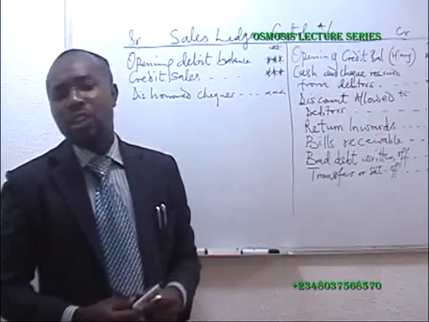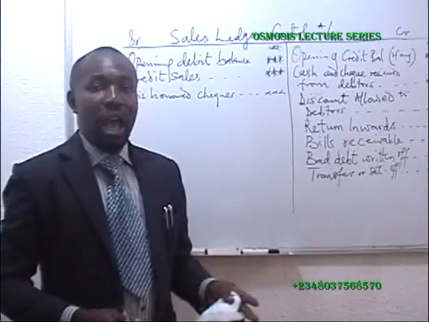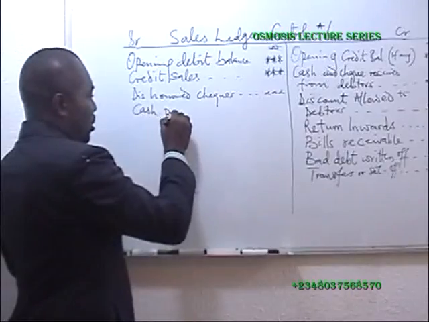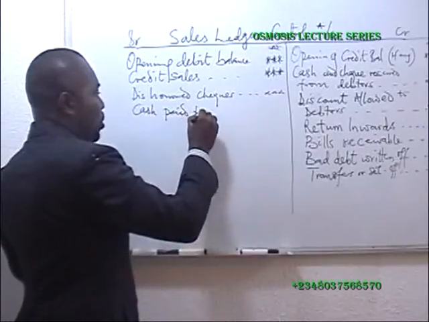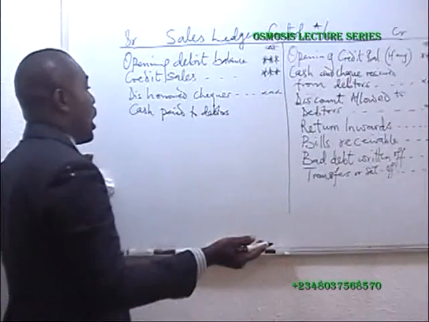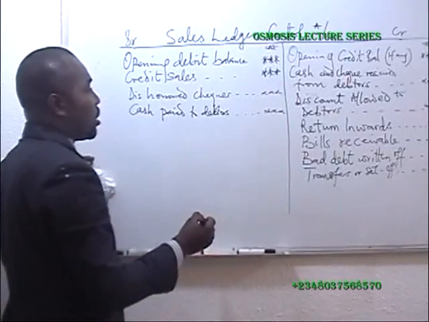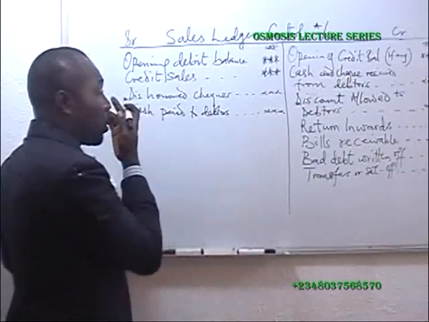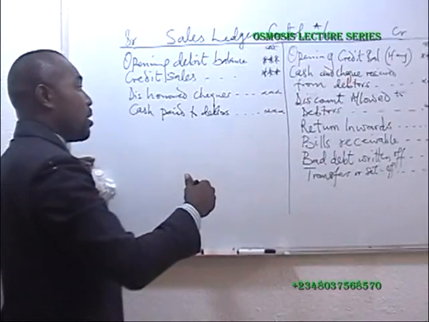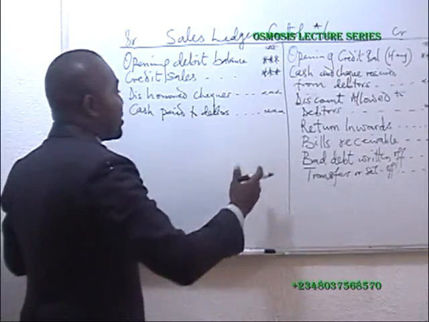So another thing you can see there is cash paid to debtors, and transfers. Cash paid to debtors as a result of one return or the other. You pay them cash. This cash paid to debtors may be in the form of, I will say, a loan or a facility.